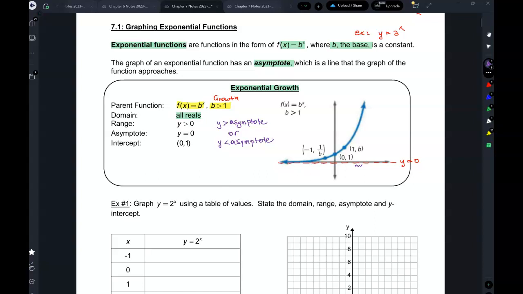So the big thing about exponential growth is as x approaches infinity, the graph moves away from the asymptote.